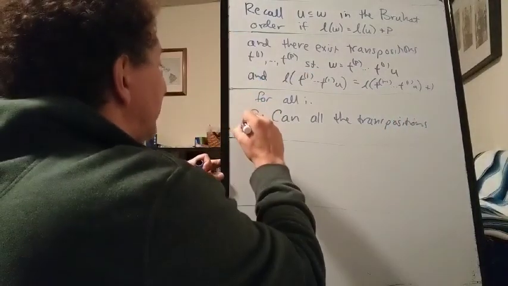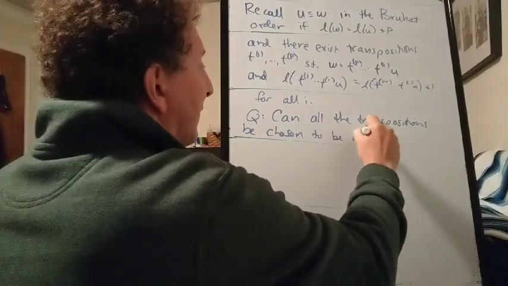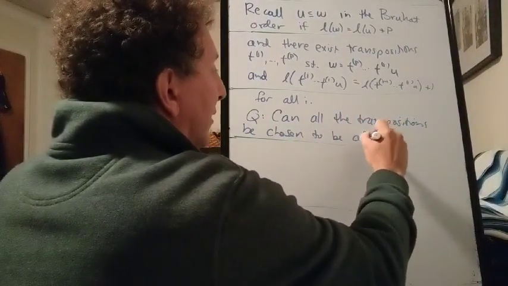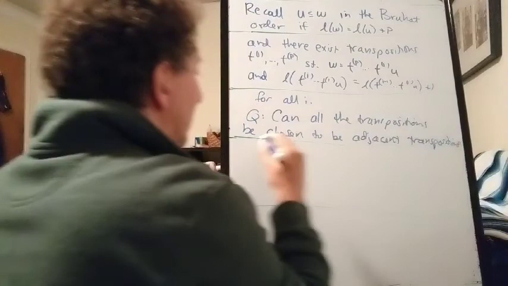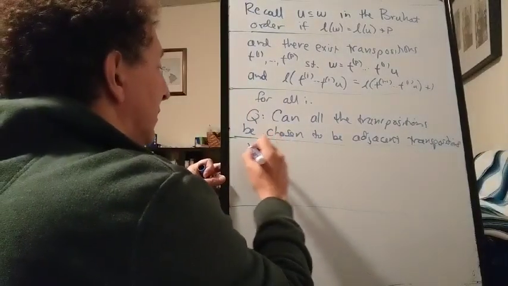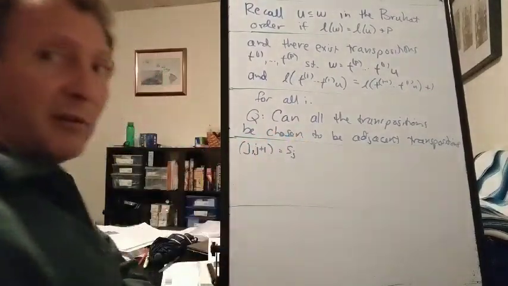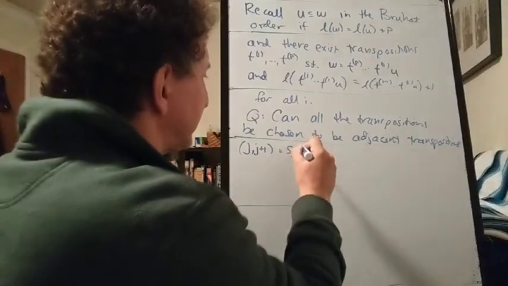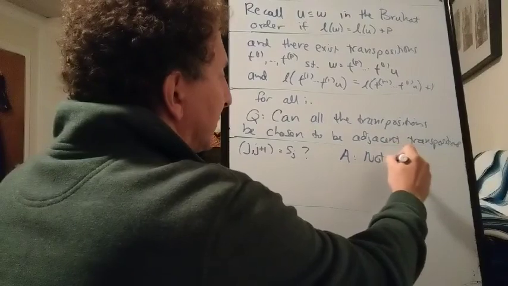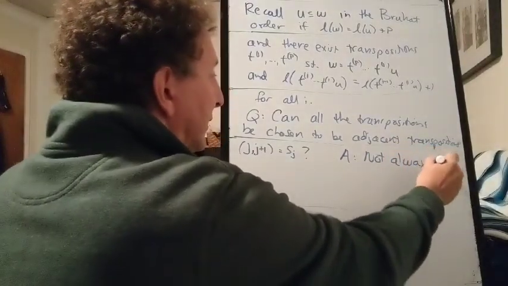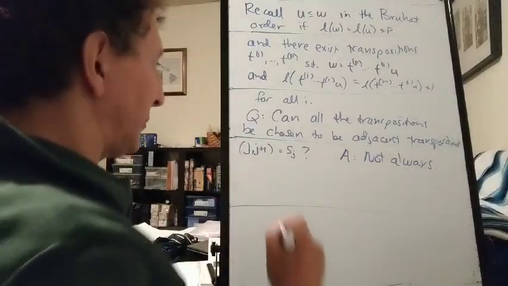So can all the transpositions be chosen to be adjacent transpositions, say j, j plus 1, which is the generator little s_j of the symmetric group? The answer is not always. Let's look at one example. To justify a not-always answer, all you need is one example.